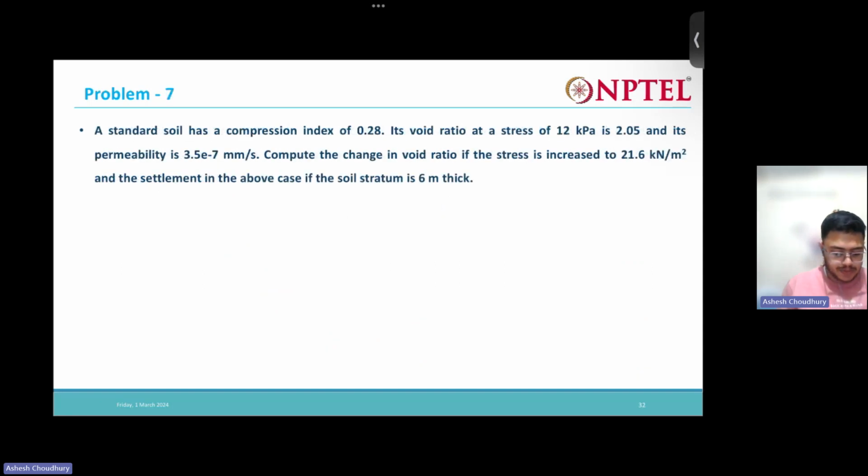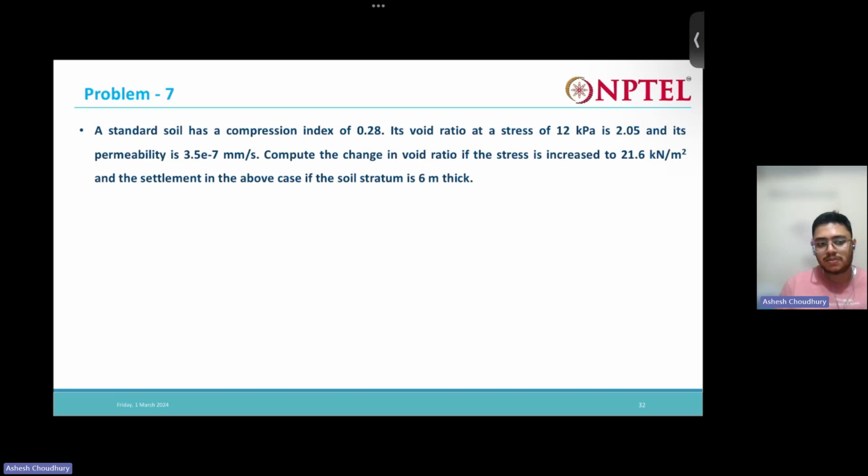Let us see the next problem. A standard soil has a compression index of 0.28. Its void ratio at a stress of 12 kPa is 2.05, and its permeability is 3.5 into 10 to the power minus 7 mm per second.